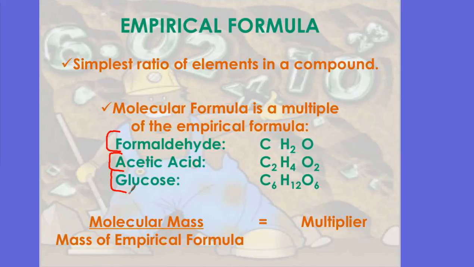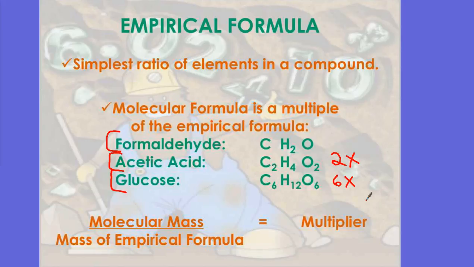Acetic acid looks to be 2 times what formaldehyde is. And glucose looks to be 6 times as big. Can you see the multiplier? Yes, visually we can see it.